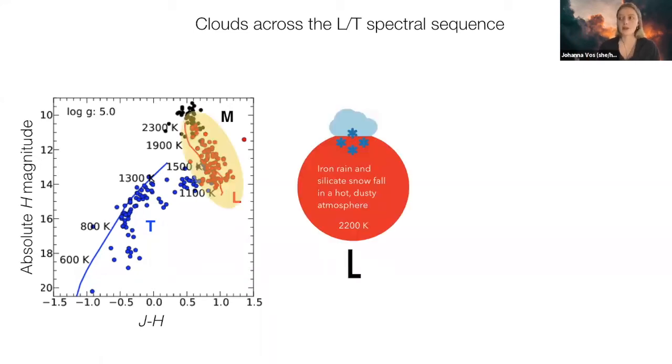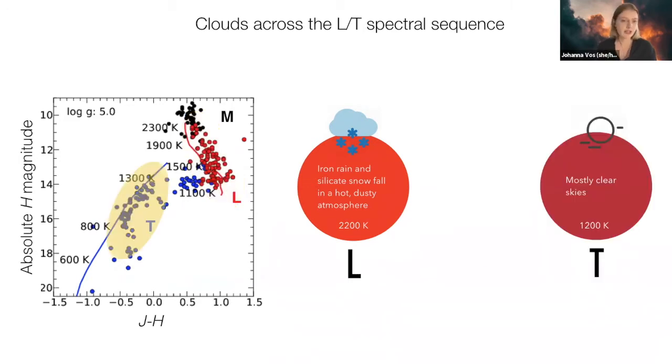Below temperatures of about 2,200 Kelvin, we get condensates such as iron and silicates building up to form high altitude clouds. As the L dwarf continues to cool, these clouds keep building up and become thicker. This causes the late type Ls to become increasingly redder in the color magnitude diagram.